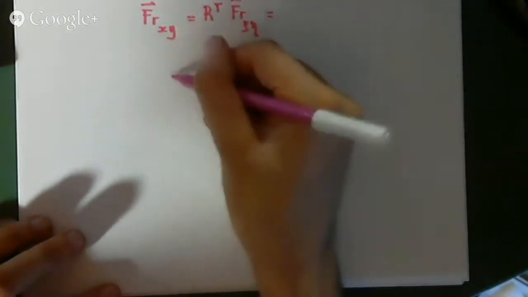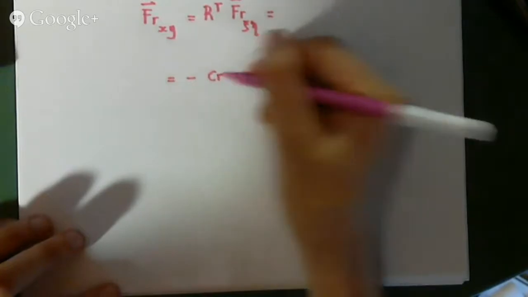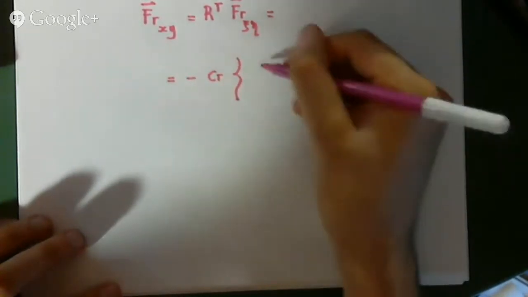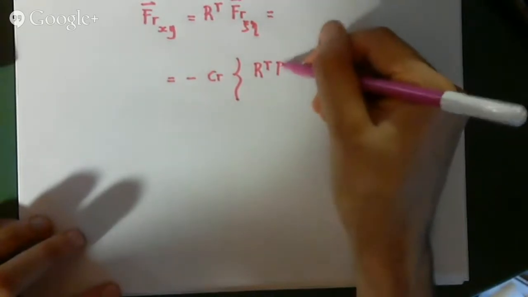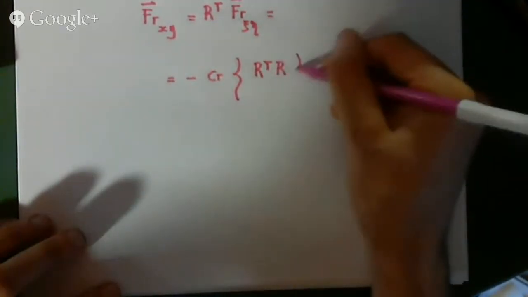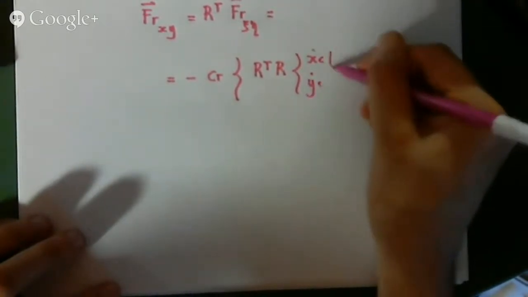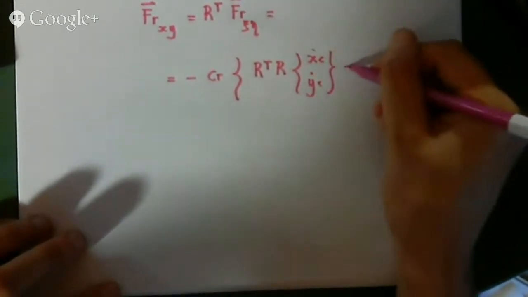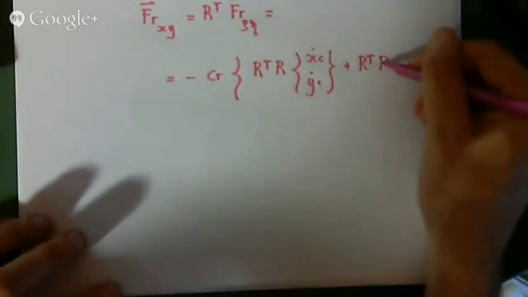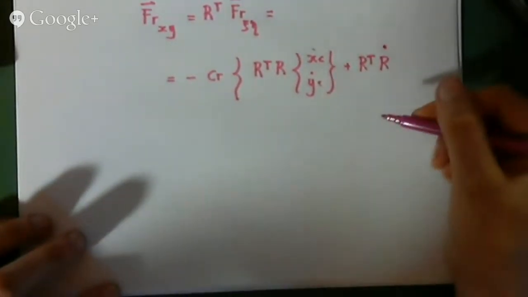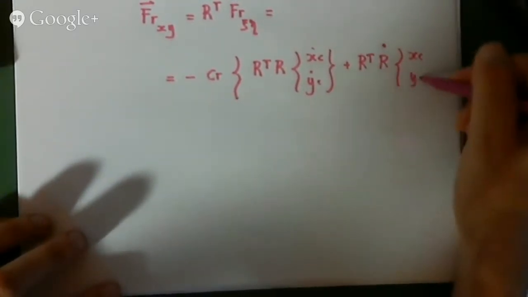And so minus Cr per R transposed per R for x point C, y point C, plus R transposed per R dot applied to xc, yc.